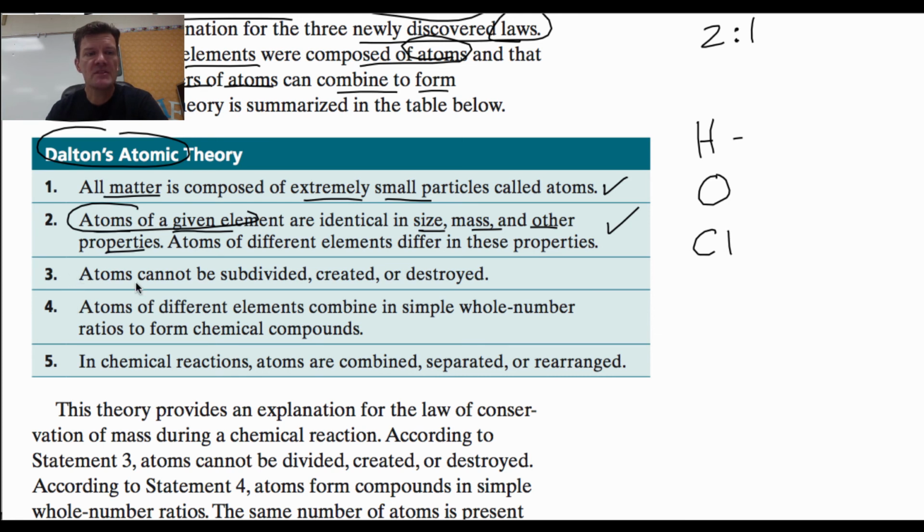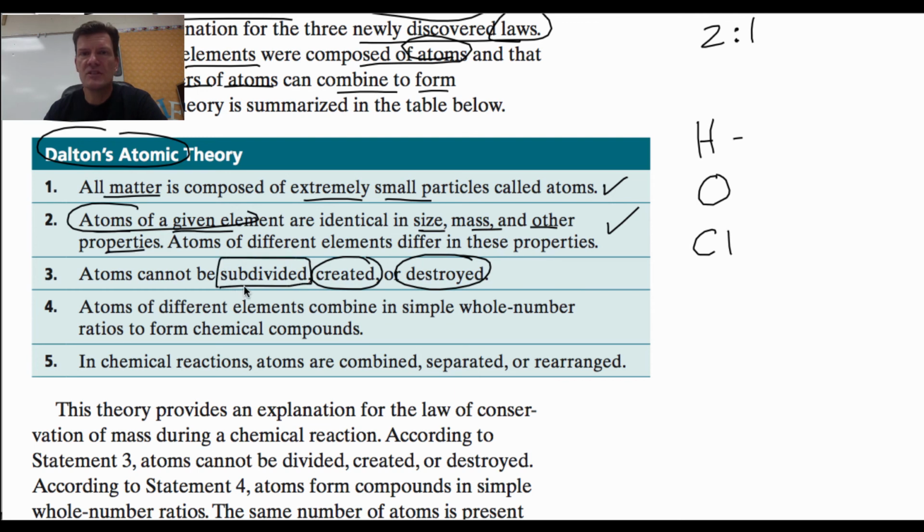Number 3, atoms cannot be subdivided, created, or destroyed. Well, this is true. They can't be created. We can't create atoms necessarily, although, as I mentioned before, scientists are colliding things together in order to try to make new elements and thus new atoms, so that's not entirely true. Destroyed, again, scientists are trying to be creative in that.